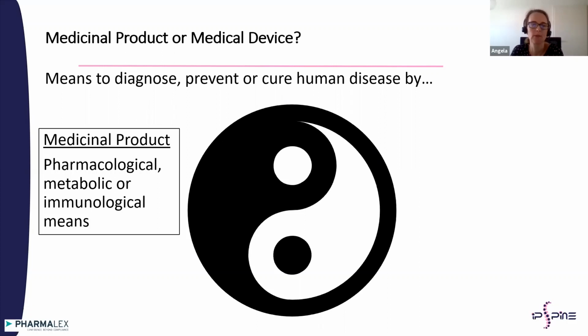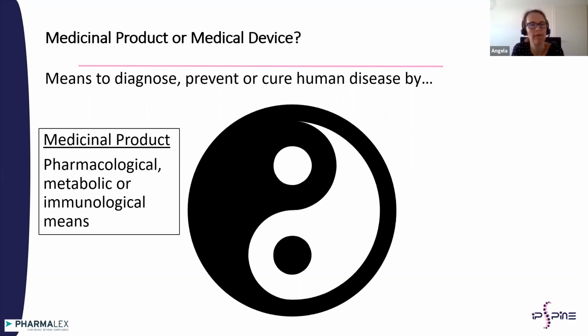So by the way, there is always this inclusion of diagnostic and preventive tools. Since we're looking at therapy today, I will probably omit this definition sometimes and just talk about therapeutic or curative approaches. Keep in the back of your mind that diagnostic and preventive tools are always included in these definitions.